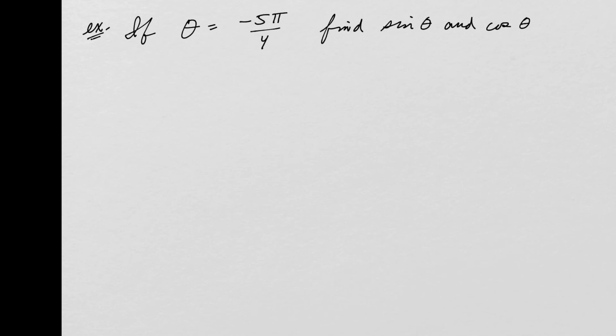All right, so we want sine of negative 5 pi over 4 and cosine of negative 5 pi over 4.